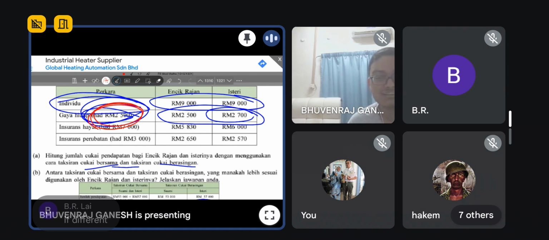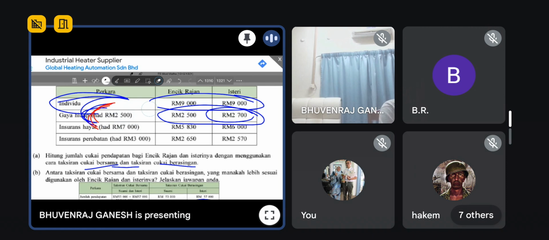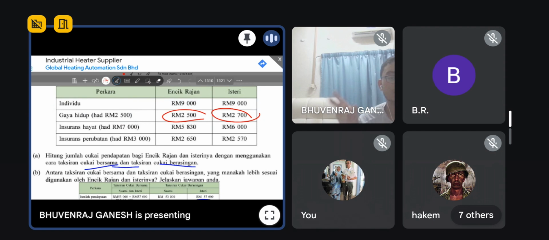Cannot do anything already. If different, this is the situation. The second one, if these two values are different, am I right? So different means for joint tax assessment, you plus both values first. Check and see. 5,200 is greater than this value, so we cannot use 5,200.